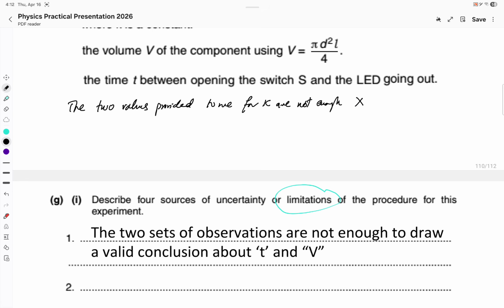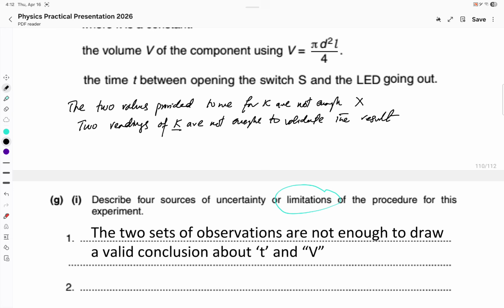Wrong physics, right English. Okay, again, 2 readings of K are not enough to validate the result. Wrong physics.